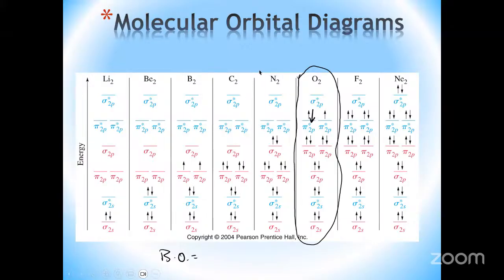What's the total number of electrons occupying bonding molecular orbitals? The bonding molecular orbitals are the ones without the stars.